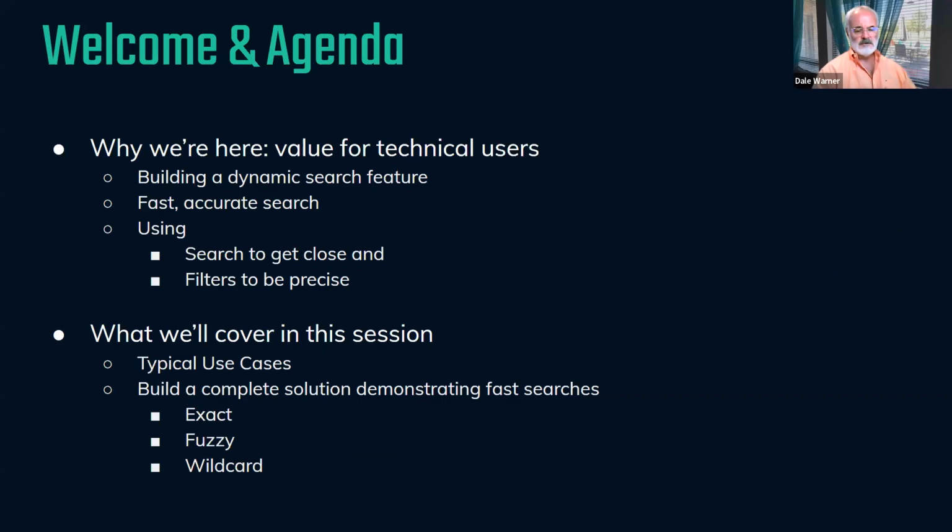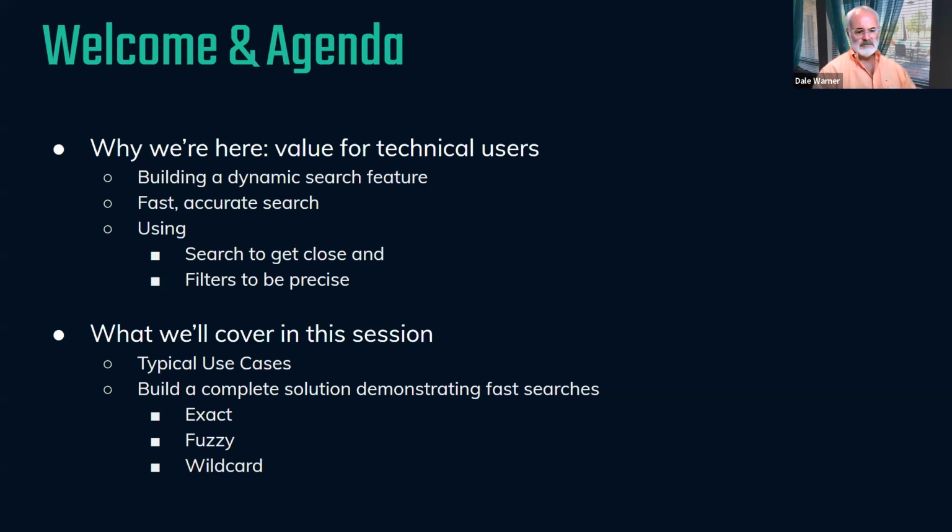And you're going to see as we get into it that we're using our search feature and the search terms to get close to the data that we want. And then we're going to be using some filters to be precise about the data that we want. And none of it's very hard, but we just have to show you how to configure it.